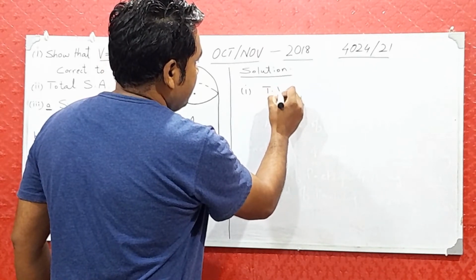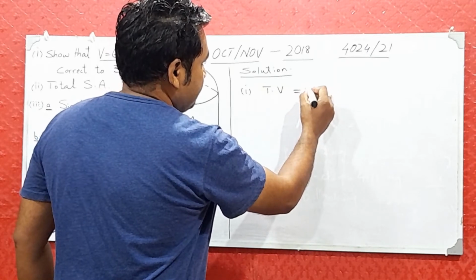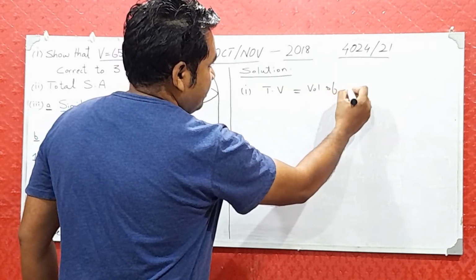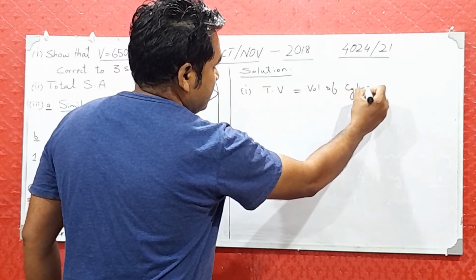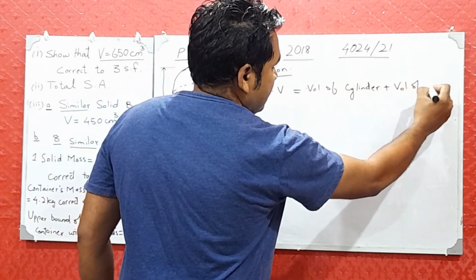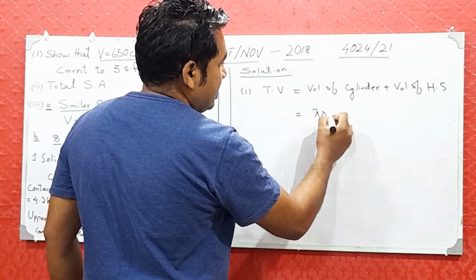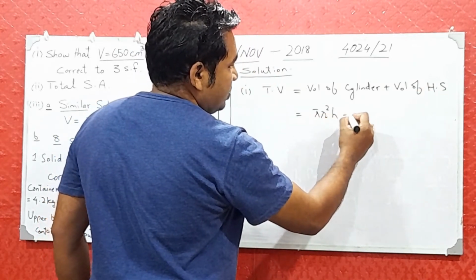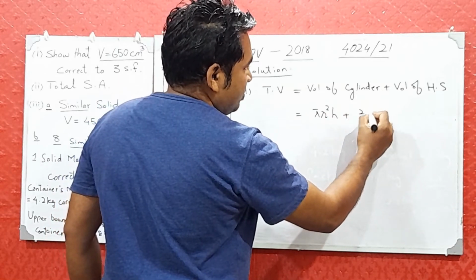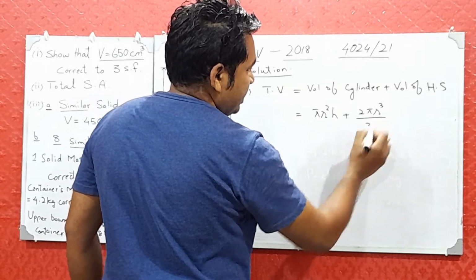So total volume is equal to the volume of cylinder plus the volume of hemisphere. Volume of cylinder, you know, is pi r squared h, and volume of hemisphere is 2 pi r cubed over 3.